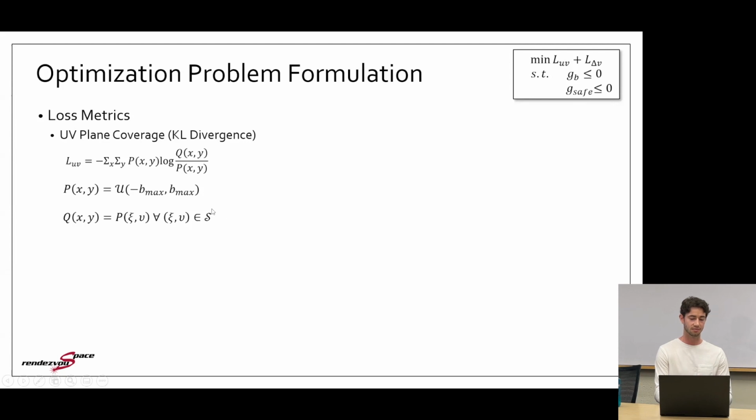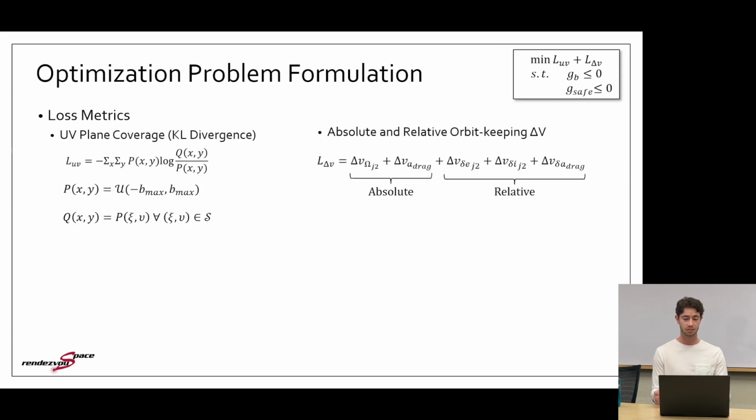We can take our set of sample points S and form a measurement distribution in this plane, and then measure the divergence between our actual sampled distribution and our desired uniform sampling. That's our loss metric for the UV plane coverage.